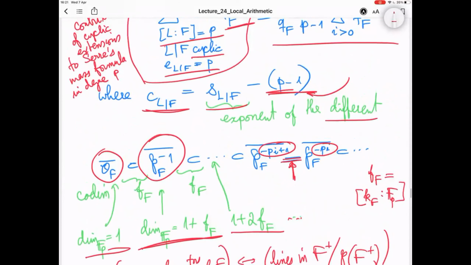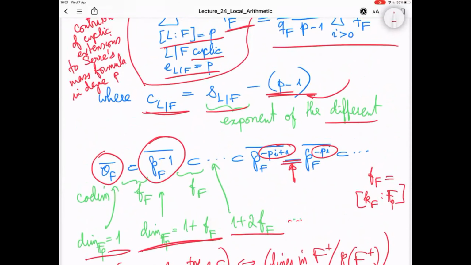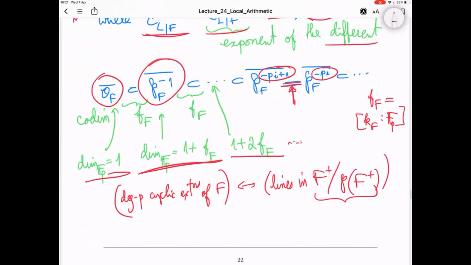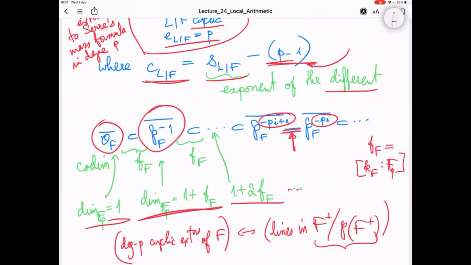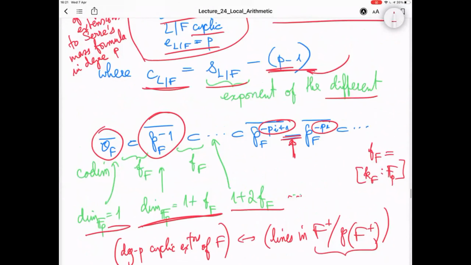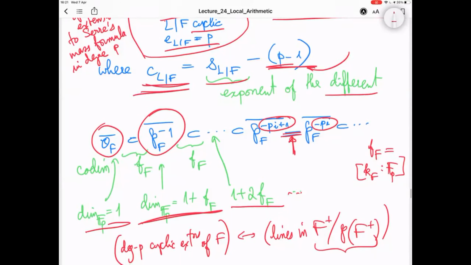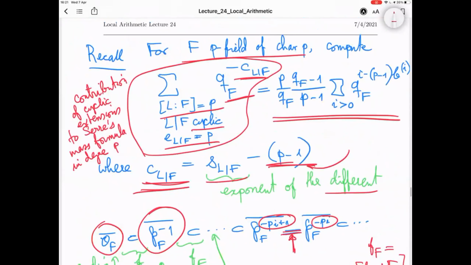So this is a neat way of, so everything is so explicit that you can just compute the number of lines in each of these spaces which are not contained in the previous step, what the exponent is for each of these lines, and so on. So that gives you the expression on the right-hand side.